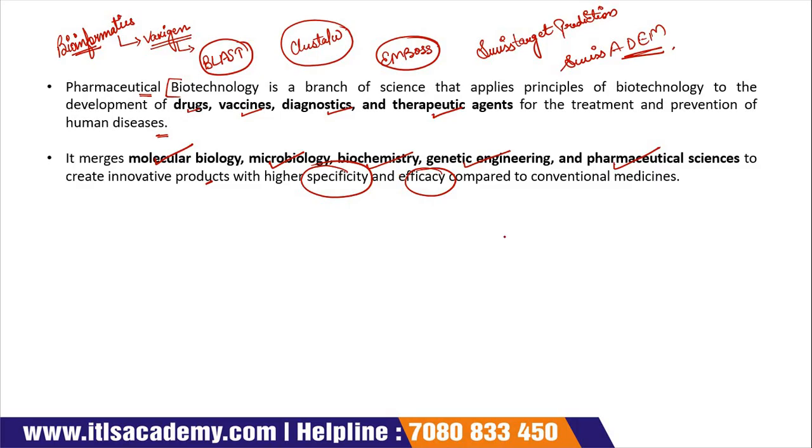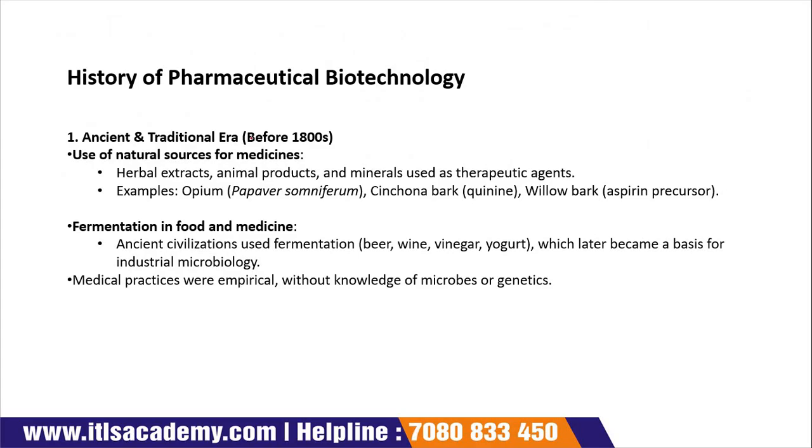Okay, now we understand the history of pharmaceutical biotechnology. The history started before the 80s. Okay, and this era is known as the ancient and traditional era.